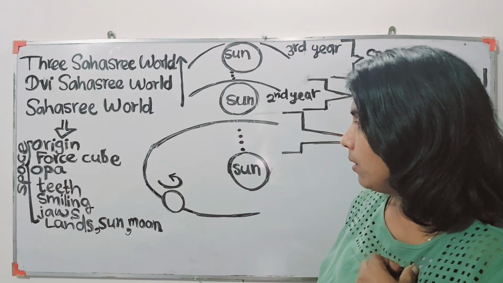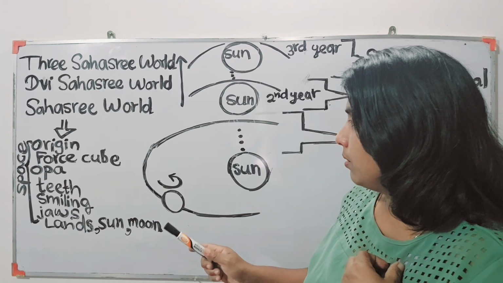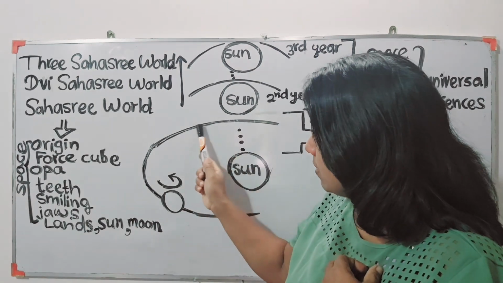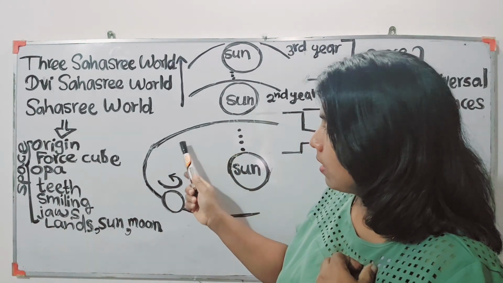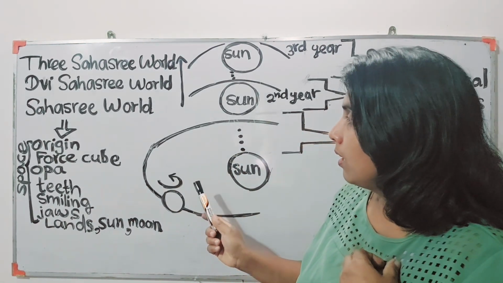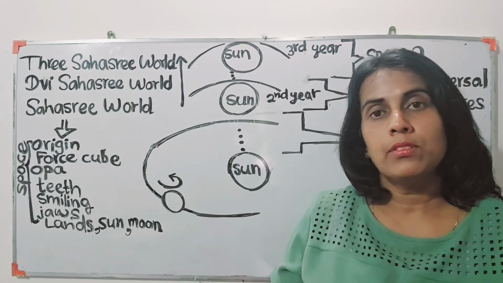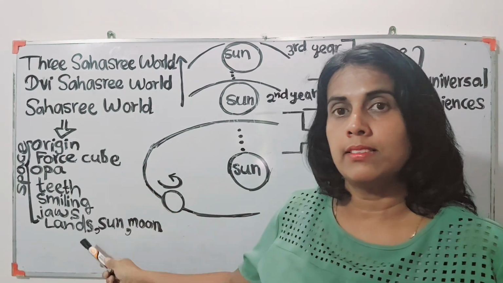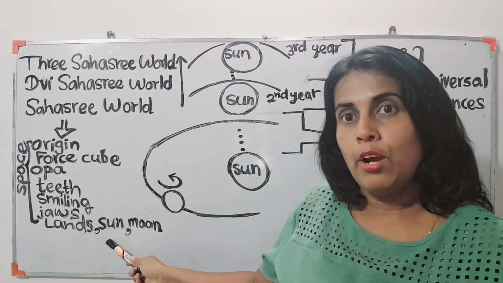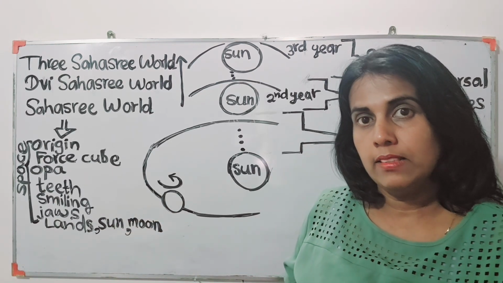So when it is rotating, the rotation affects our lives because we are made out of universal sciences. The human brain is made out of universal sciences.